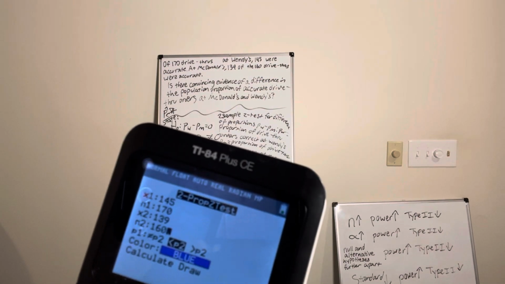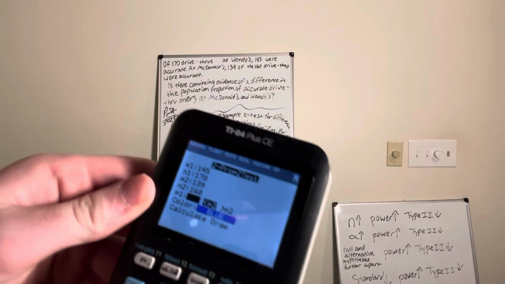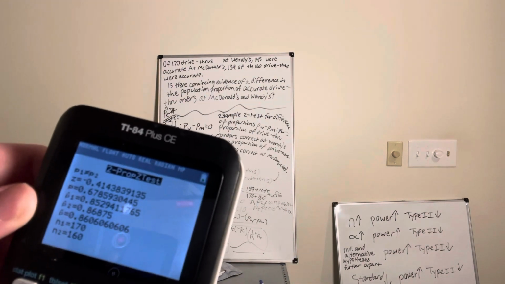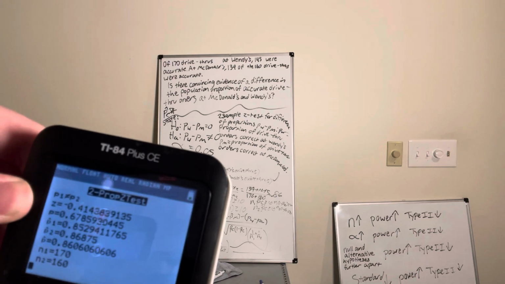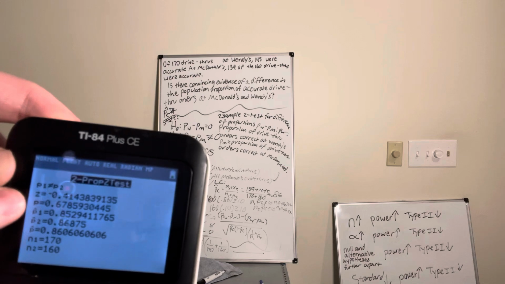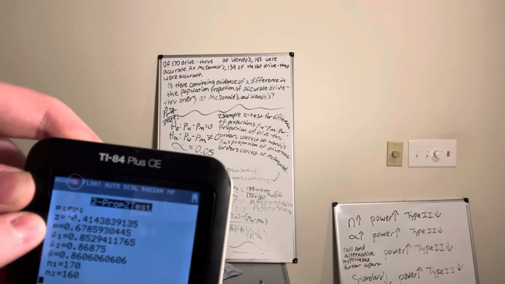And we're saying PW is not equal to P2. Then calculate, and we get our z-score, which you can use on your graph. And this little p here with no subscript is your p-value, which you compare to your alpha value.